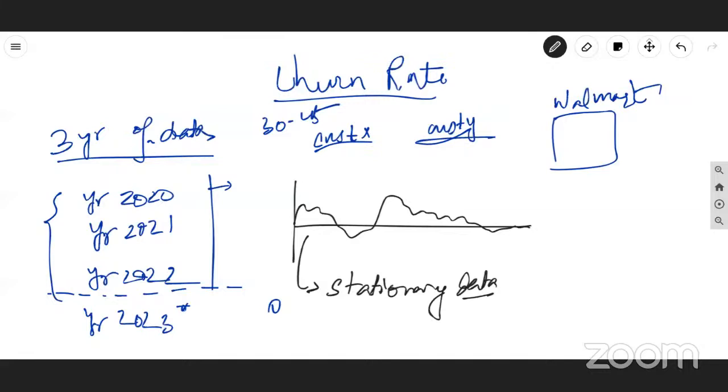But as I said, even this stationary data, once you keep that, for customer X, this stationary data might be on an average in a range from 500 to 1000. For customer Y, the same stationary data may not be in this range, maybe in a range from 2500 to 2700.